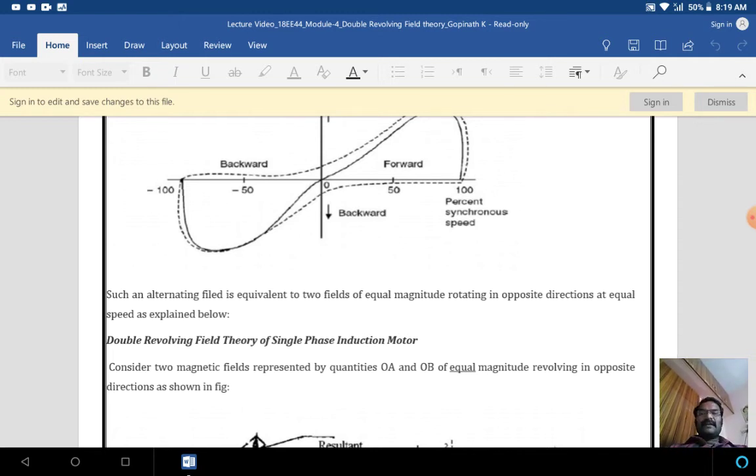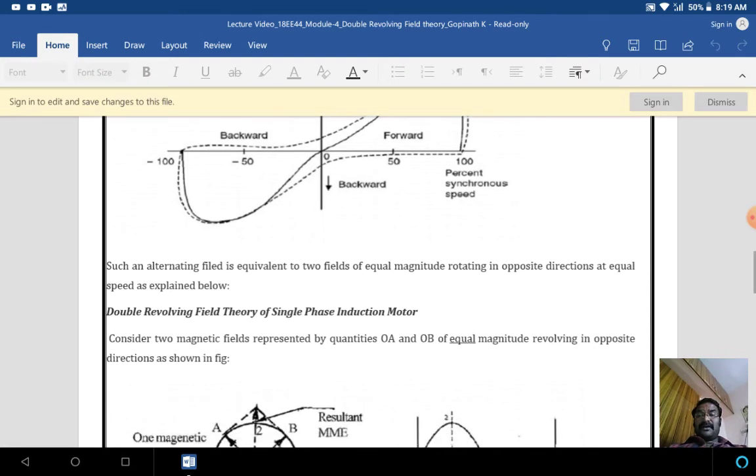Now coming to the double revolving field theory of single phase induction motor. In the case of three phase induction motors, the magnetic field generated is a rotating magnetic field. When we come to single phase motors, the double revolving field is generated in the motor.